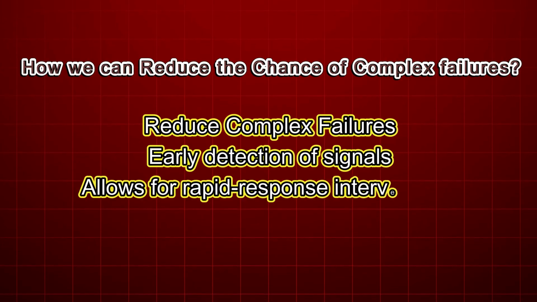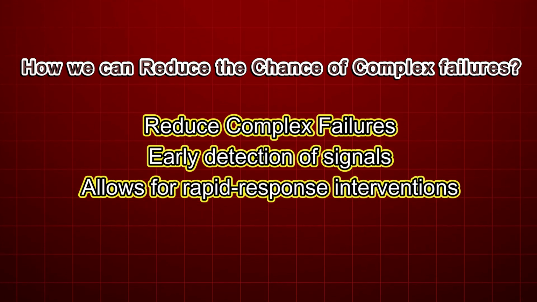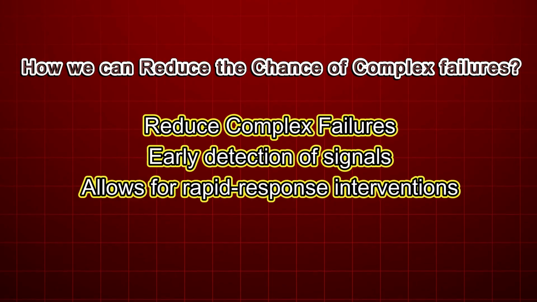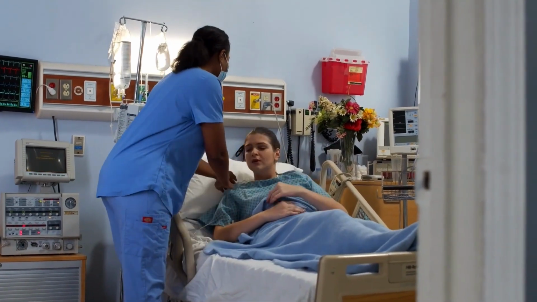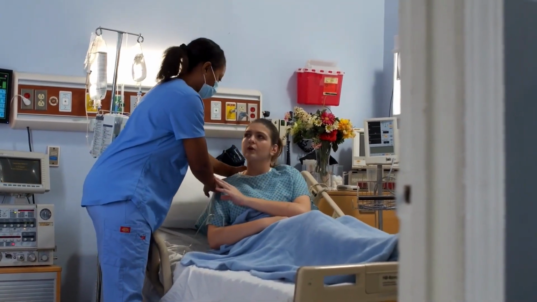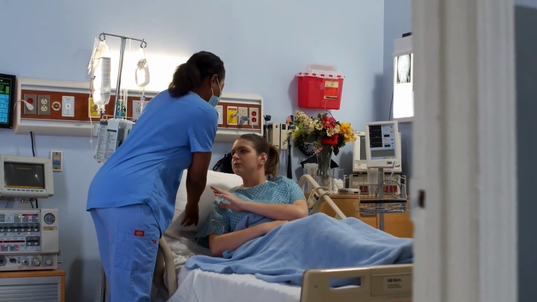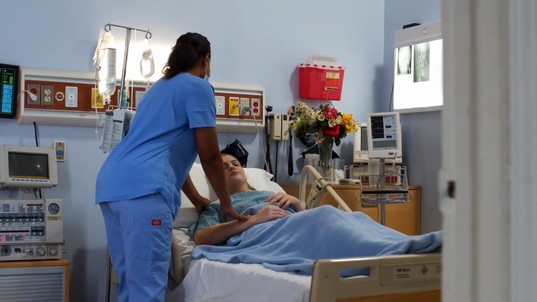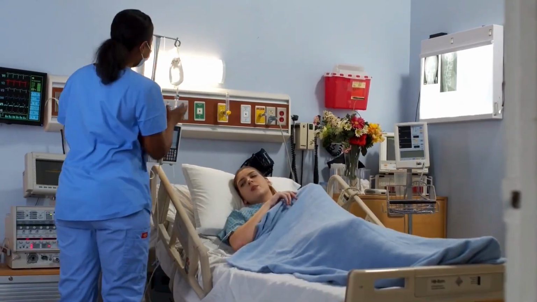So if we can have early detection, amplifying potential worrying signals, then we can build interventions to reduce the chance of complex failures. In a hospital, for example, a patient may have their observations performed: temperature, blood pressure, heart rate, respiratory rate, and if this is deteriorating, the person may be getting iller.